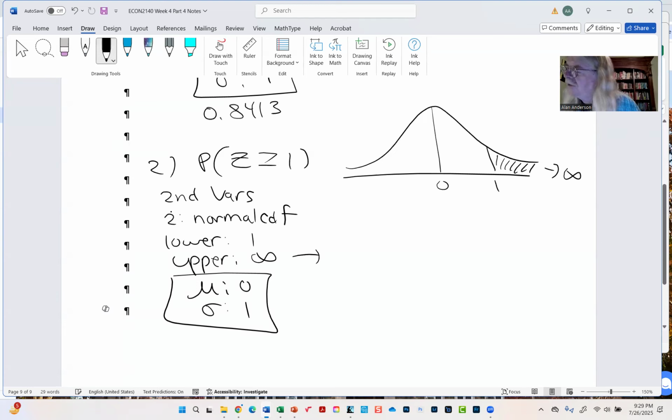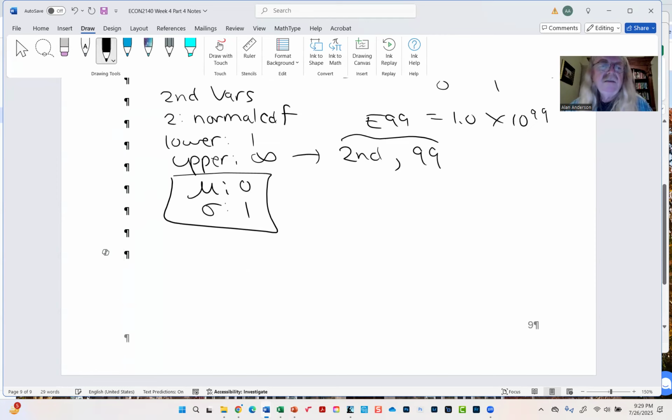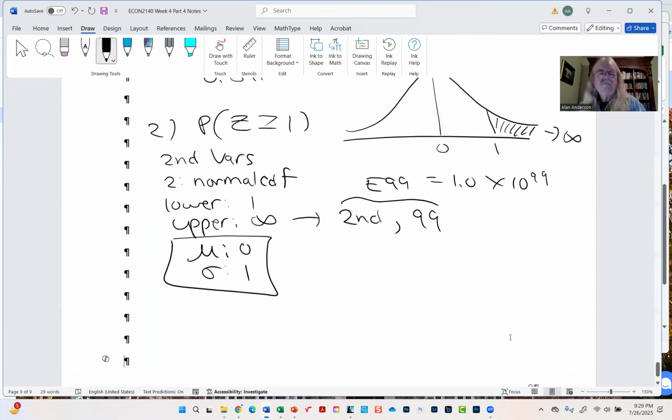And that's going to be represented as simply second, comma, 99 without the negative. This is replaced in the window with E99. So why don't you go ahead and fill that in, and let's see what you get. Rounded to 4 places, it's 0.1587.